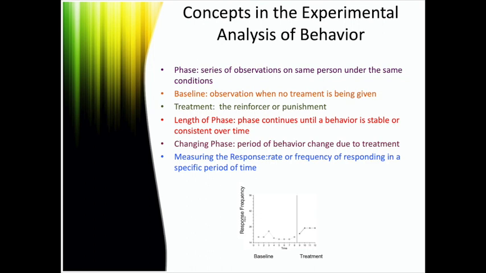So treatment is really kind of the reinforcer or the punishment in experimental analysis of behavior. And so if you wanted to get someone to stop drinking alcohol, you could give them antabuse. If they drink antabuse and then drink alcohol, it'll make them vomit violently. So that would be called punishment procedure. So you're kind of using positive punishment as a way to curb alcohol drinking.